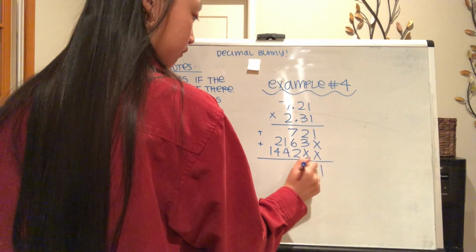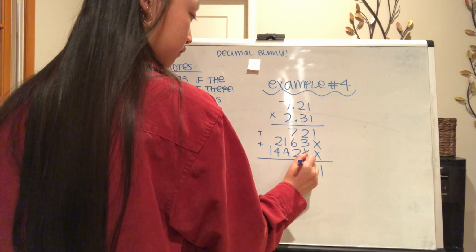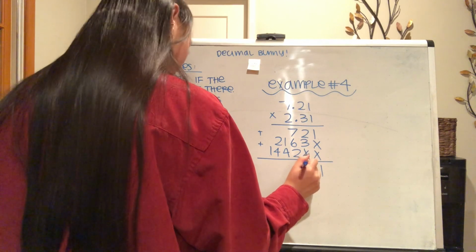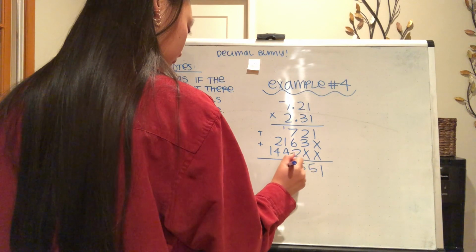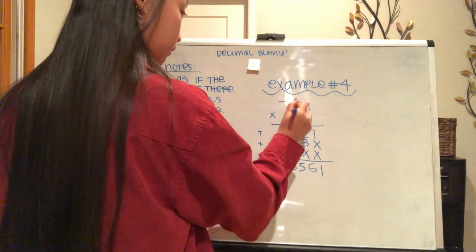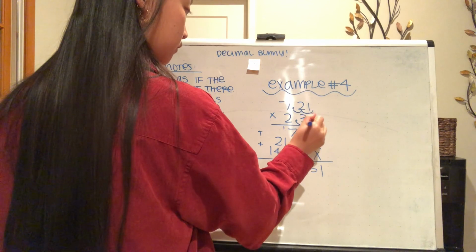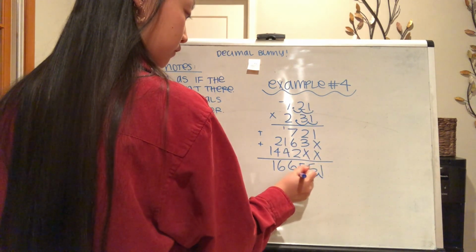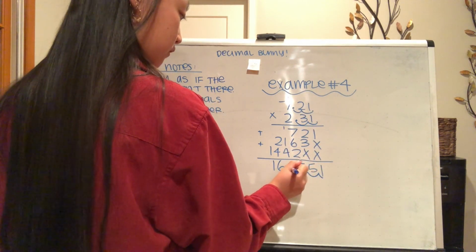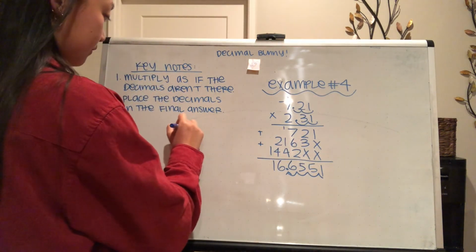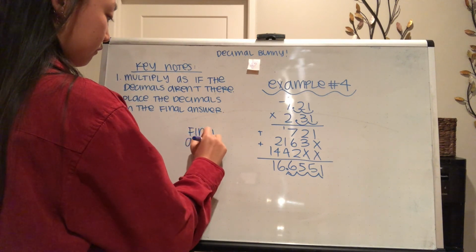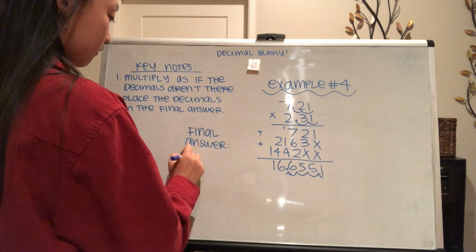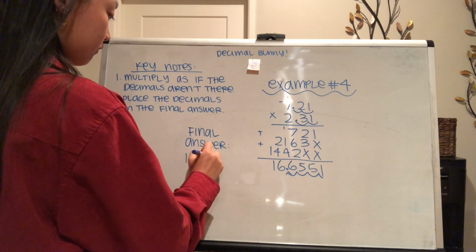So it's 1, 5, 15, 6, 6, and 1. So we're going to see how many spaces are to the right of each decimal, and that's going to be the amount of spaces to the right in our answer. So the final answer is going to be 16.6551.